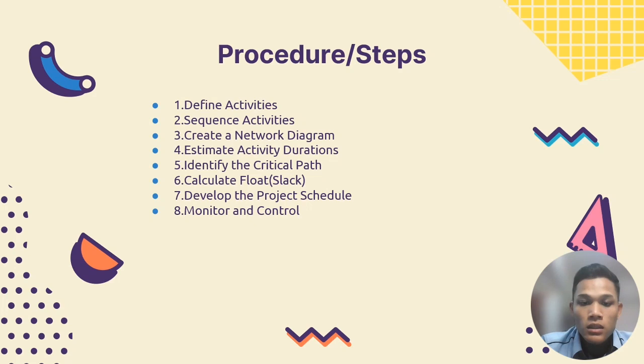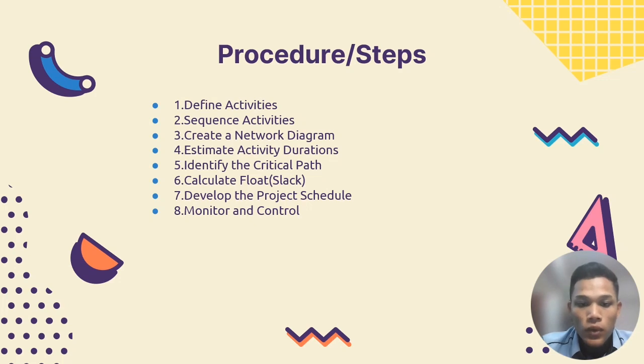Activities on the critical path have zero float, and any delay in these activities will delay the entire project. Number six is calculate float. This means for non-critical activities, calculate the float or slack, which is the amount of time an activity can be delayed without delaying the project.